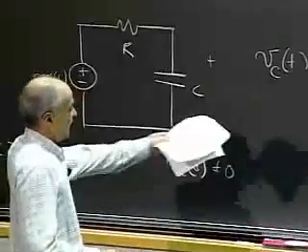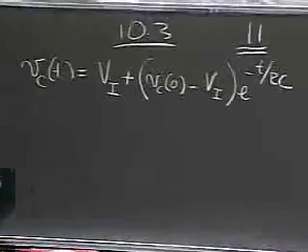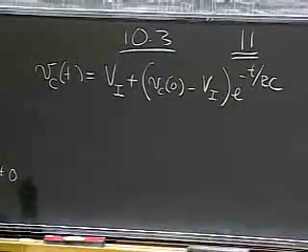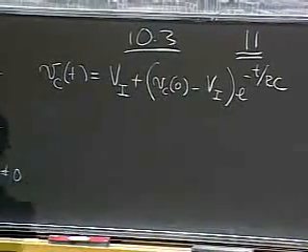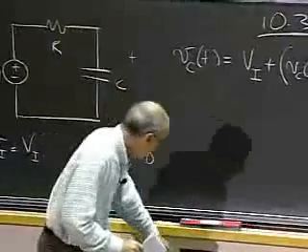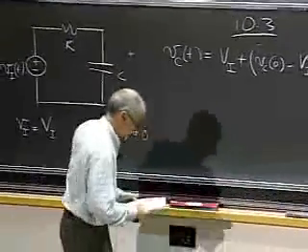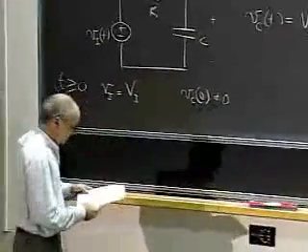So that's the general response of this network to an input Vi that happens at t equals 0.